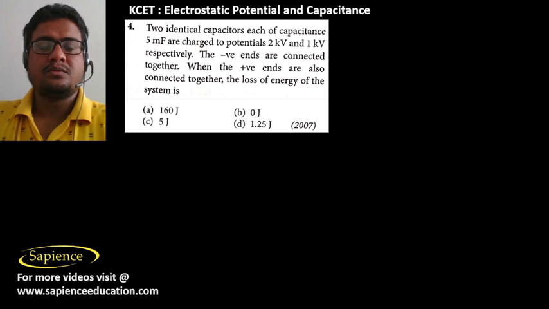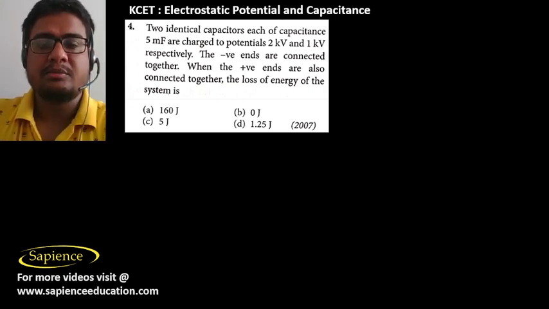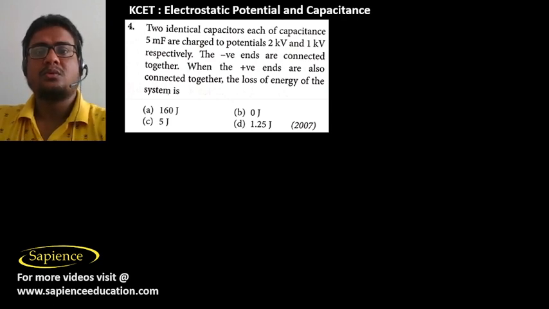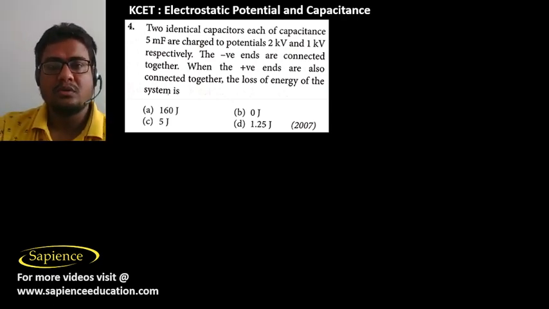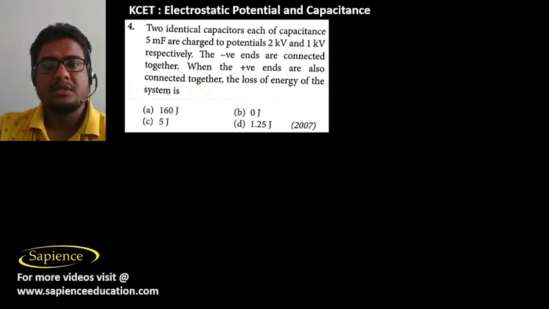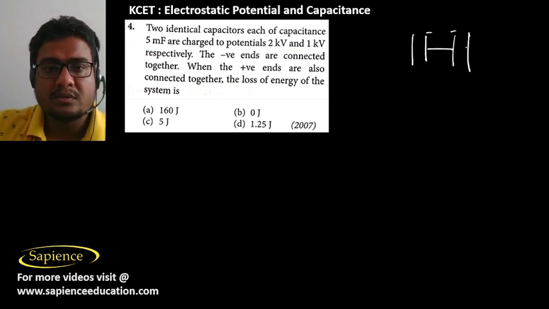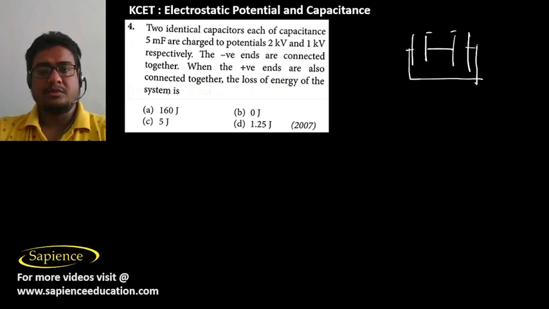Then in question number 4 it is told two identical capacitors, each of capacitance 5 millifarad, are charged to potentials 2 kilovolt and 1 kilovolt. The negative ends are connected together. When the positive ends are also connected together, what is the loss of energy of the system?